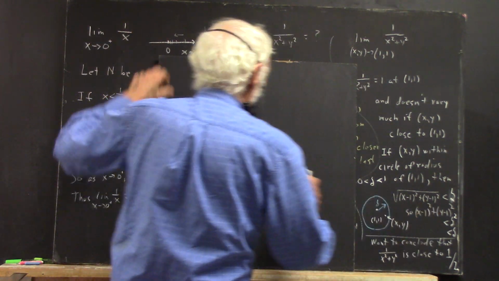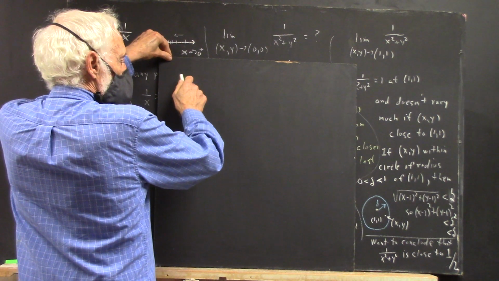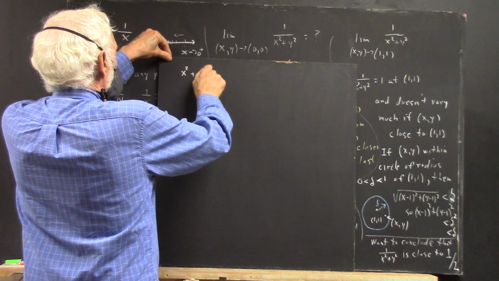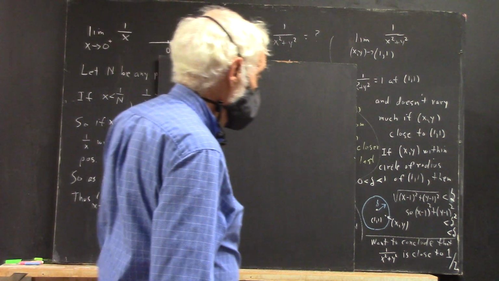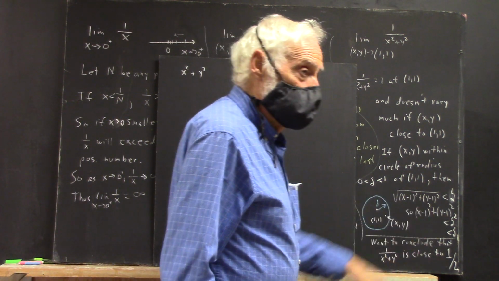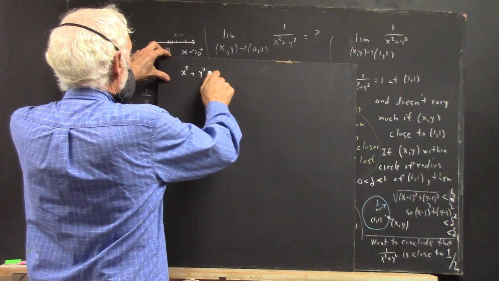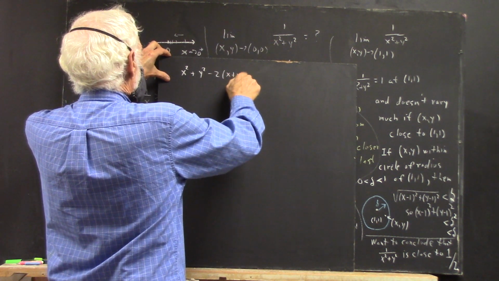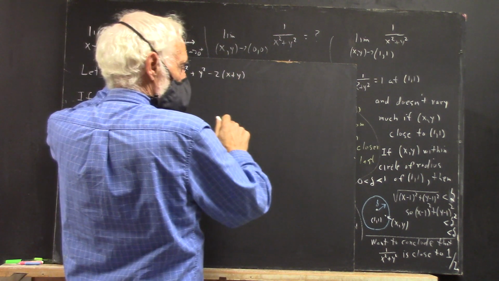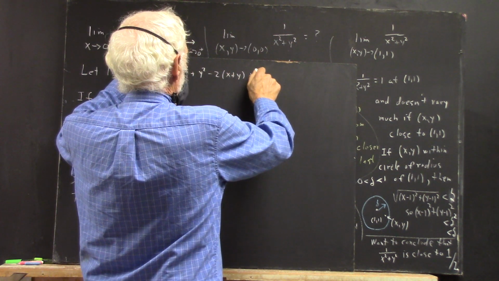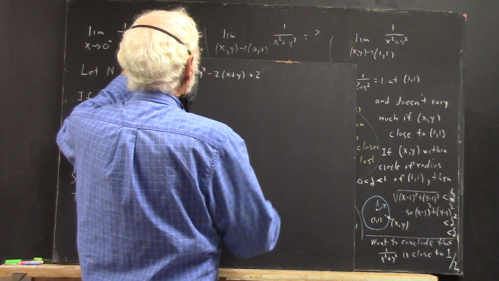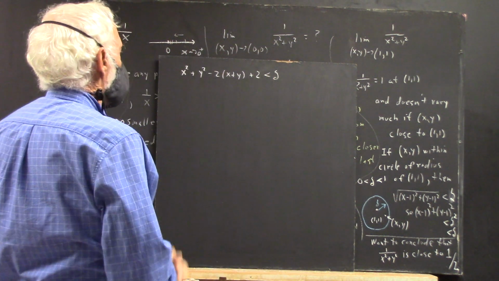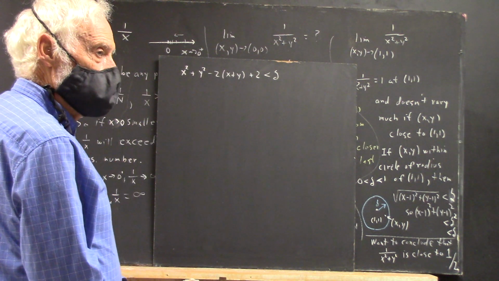But from this, we expand, and we get x squared plus y squared minus 2x and minus 2y. I'll write that as minus 2 times x plus y plus 2 is less than delta.